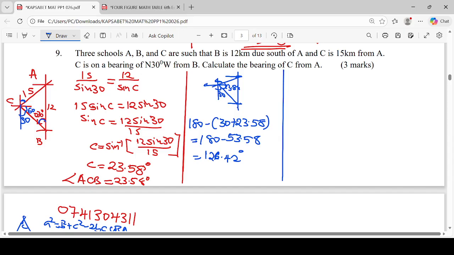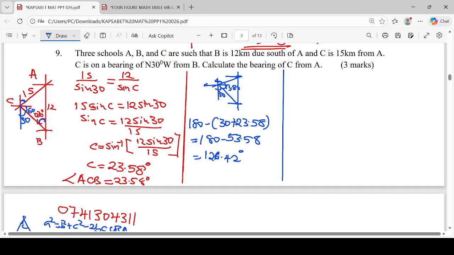So this angle here is 126. And because of that, what it means is very simple. The whole of this is 126.